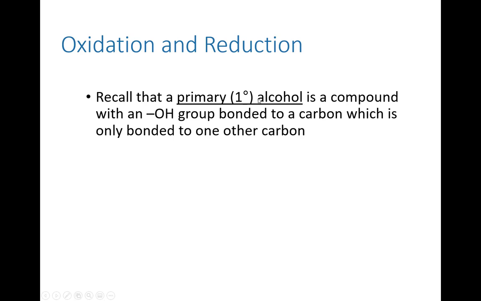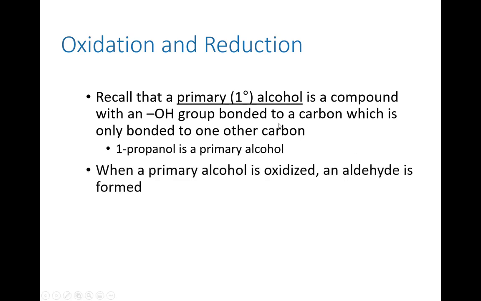Remember, a primary alcohol is a compound which has a hydroxyl group bonded to a carbon, and that carbon is only bonded to one other carbon. 1-propanol is a very good example of a primary alcohol. An important rule to know: when a primary alcohol is oxidized, an aldehyde is formed.